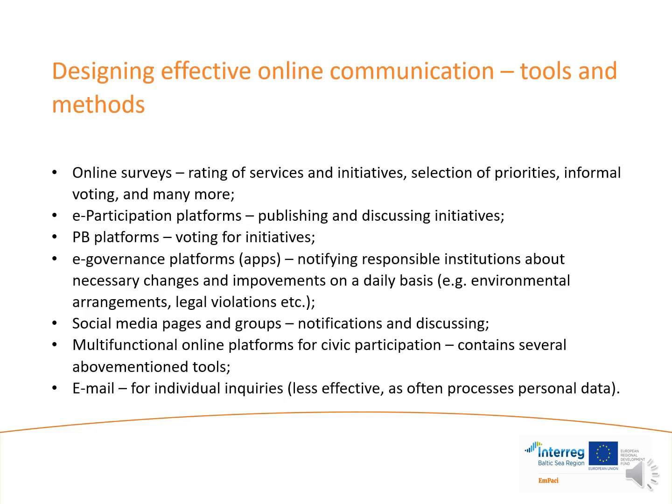Also, e-governance platforms as smartphone apps can be used specifically. What needs to be highlighted is their function of notifying responsible institutions or citizens with some inquiry to take a step or to provide some information.